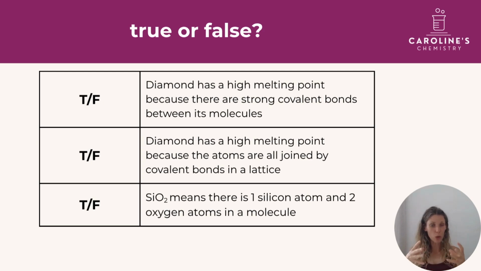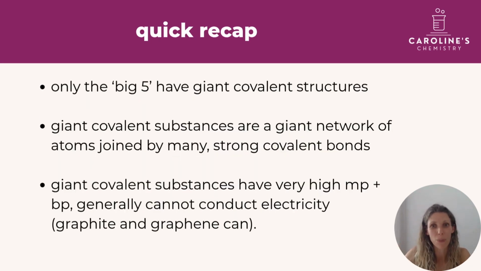So to stitch that all together, a correct statement would look like: SiO2 means for every one silicon atom, there are 2 oxygen atoms in the giant network of atoms joined by strong covalent bonds. Another way to phrase that is SiO2 means the ratio of silicon atoms to oxygen atoms is 1 to 2 in the giant lattice.